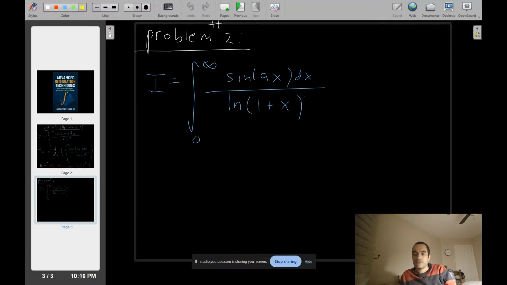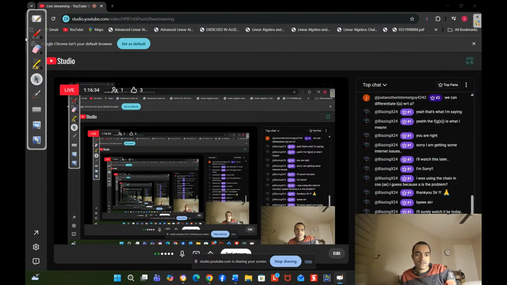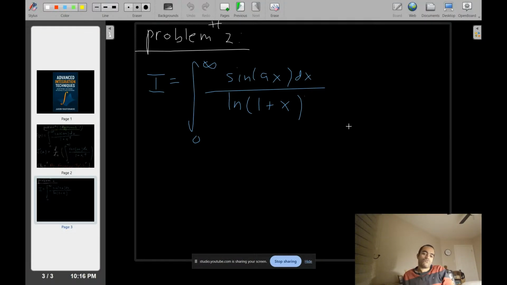It won't work because when you try doing it n number of times, in rare cases you have to do it n number of times, like the other problem that I showed you, you're going to get something that goes nowhere because you still have to deal with the ln(1 + x) in the denominator. And how are you going to integrate that with the sine?